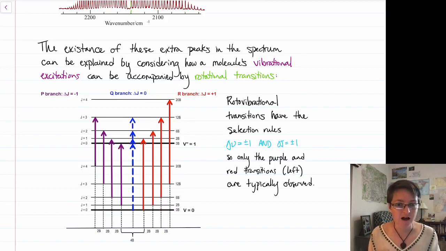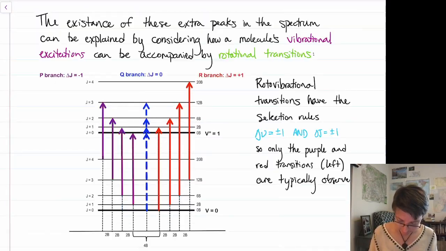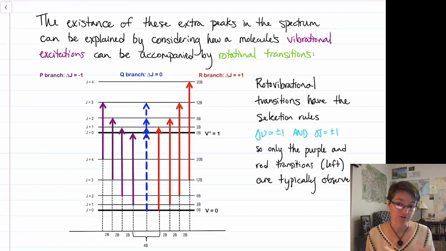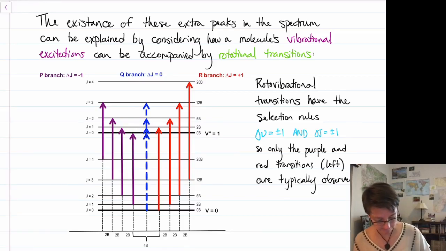So this is a pretty complicated looking diagram to explain these combination rotational vibrational transitions. So let's unpack all that's going on in this diagram in turn. The first thing that I want you to notice, not yet paying attention to the arrows, just paying attention to the energy levels, is that just like how the electronic transitions had to be described by multiple quantum numbers, when we want to understand both rotations and the vibrations associated with a molecule, we have to combine together its vibrational and rotational quantum numbers.